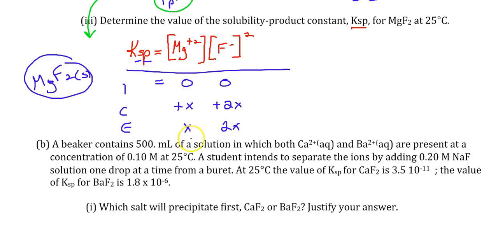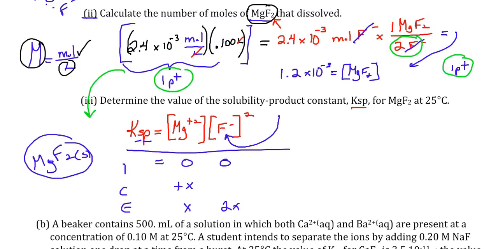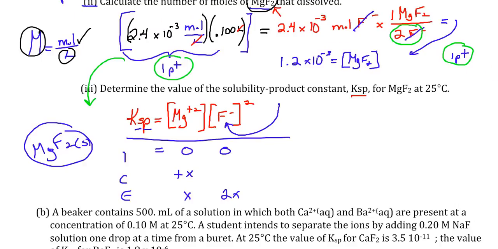Now, we didn't need to do that because we already know the concentration of the F-. And what is that concentration? They already gave it to us as 2.4 times 10 to the negative 3.